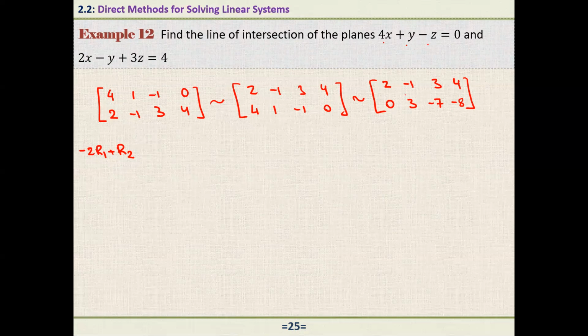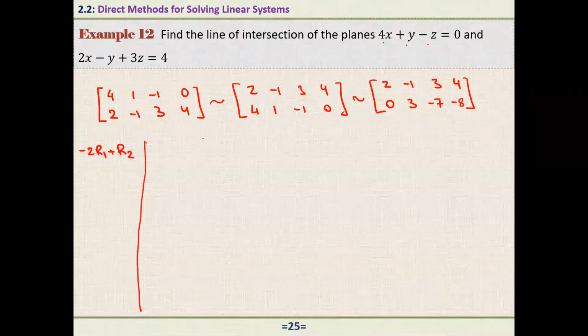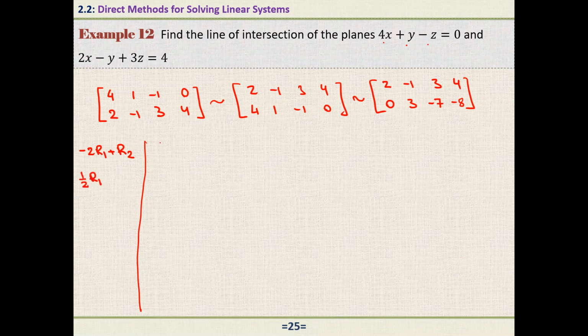Okay. So now we need to have 1 here. The next step, let me draw a line to do our calculation here. Let me multiply the first row by 1 over 2. If you multiply the first row by 1 over 2, here we have 1, that's our pivot.